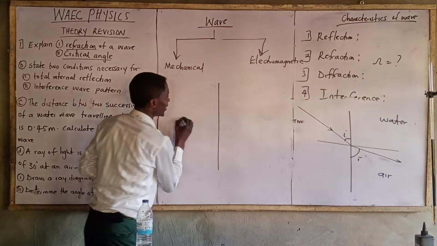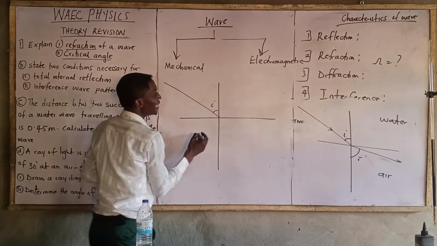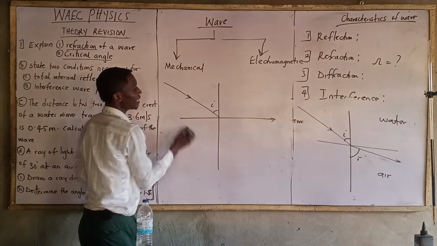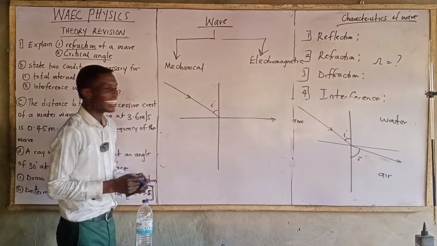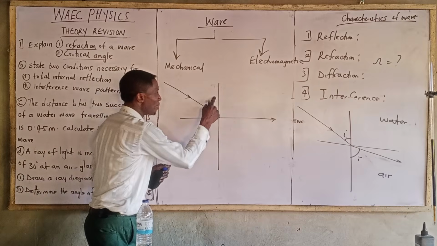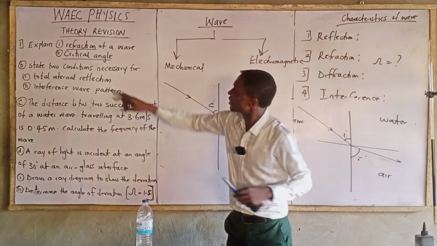Now if the angle of incident is such that the angle of refraction has fallen exactly at the interface of both media, then this angle of incident is said to be critical. So I can label it as the critical angle of incidence.